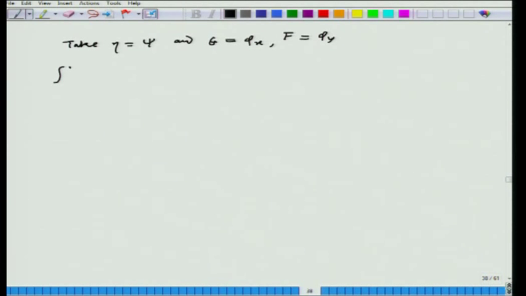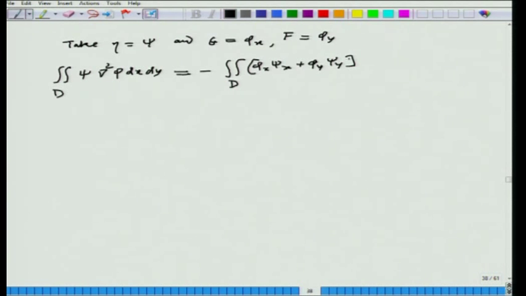So, we get finally double integral of psi del square phi dx dy equal to minus double integral of phi x psi x plus phi y psi y dx dy plus boundary integral psi del phi by del n ds.